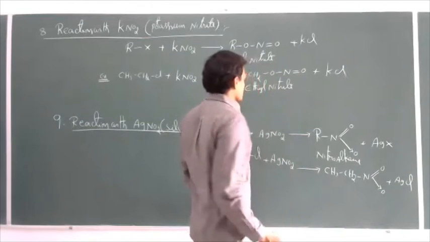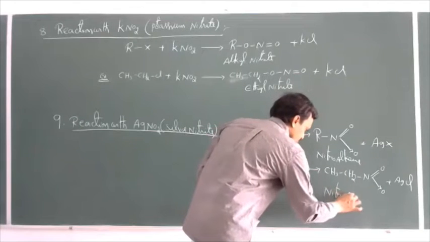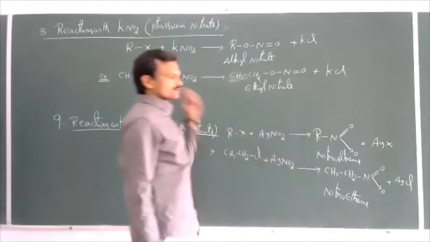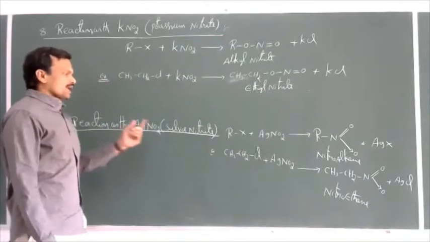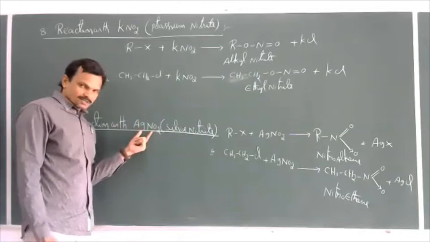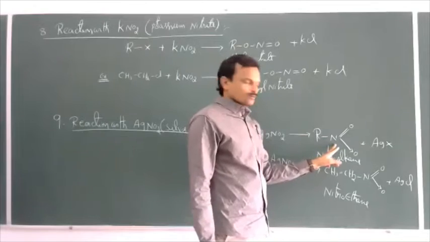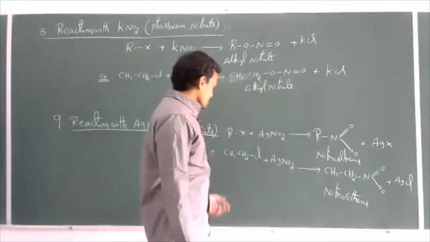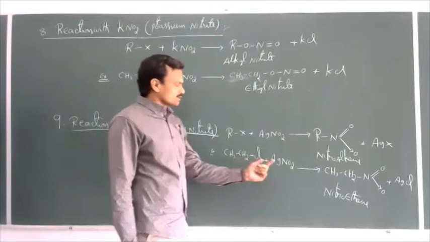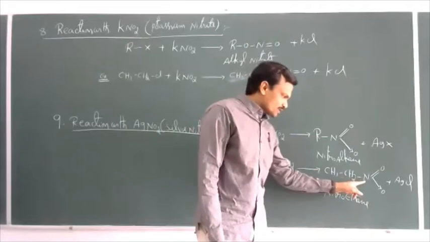This is called nitroethane. So when haloalkanes are allowed to react with silver nitrite, we get nitroalkanes as the product. For example, if ethyl chloride is allowed to react with silver nitrite, then we can get nitroethane as the product here.